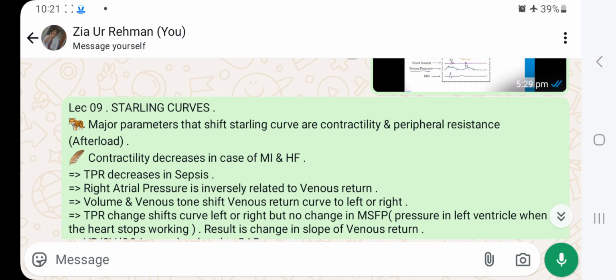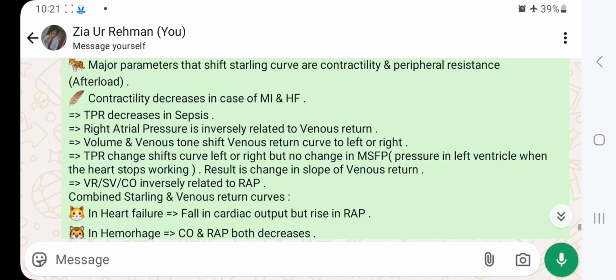Volume and venous tone shift the venous return curve to left or right. TPR change shifts the curve left or right but no change in MSFP.